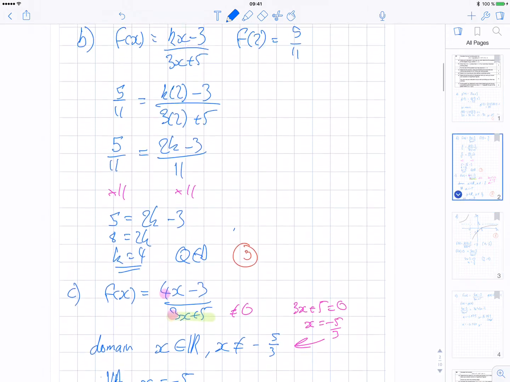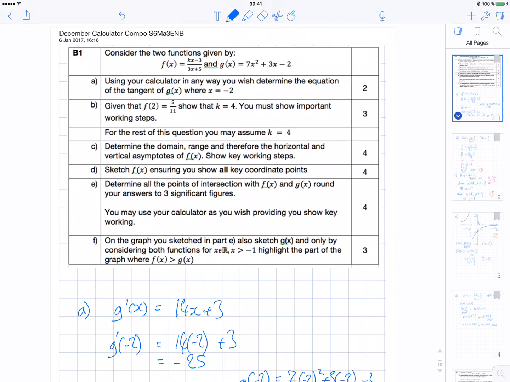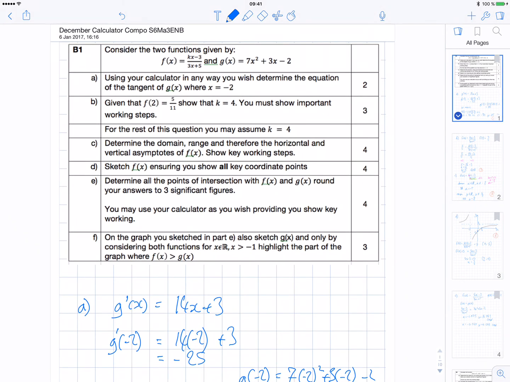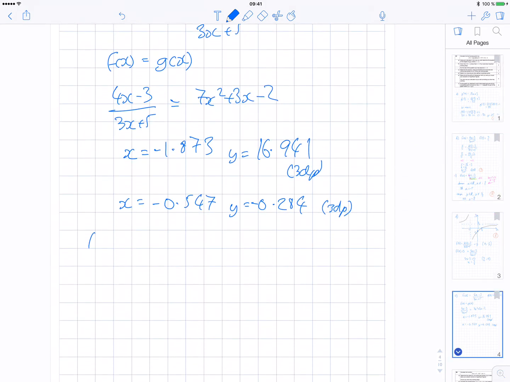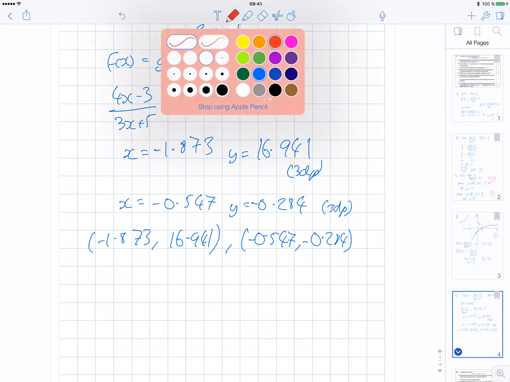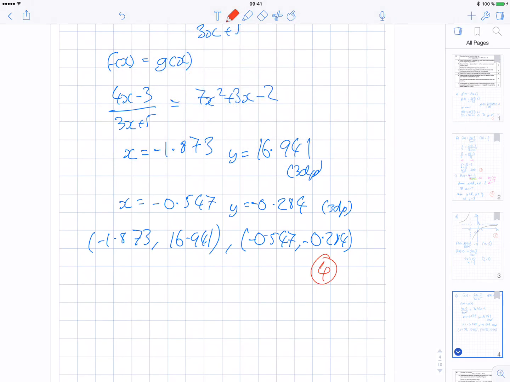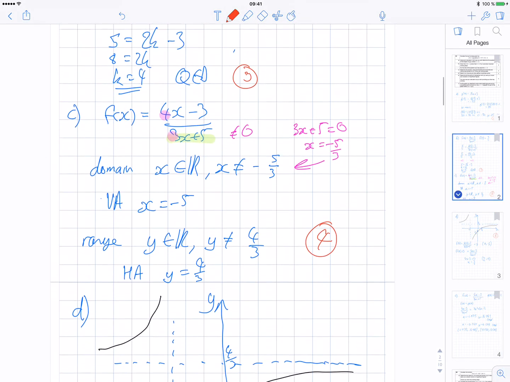Did it ask for the coordinate points? I think it did. Yeah. So what we have is minus 1.873, 16.941, minus 0.547, comma, and that was 4 points, with the calculator doing the vast majority of the work.